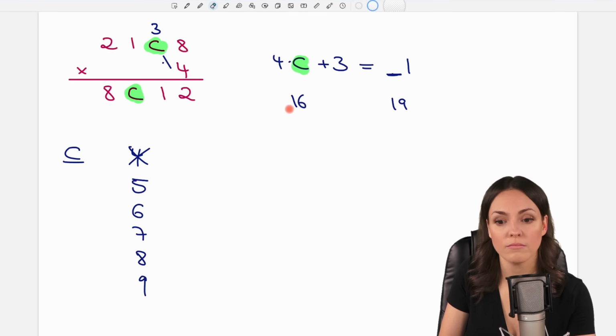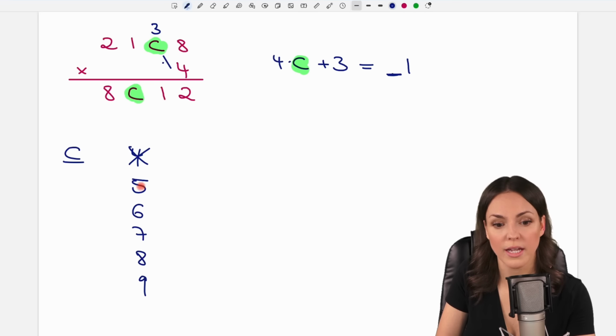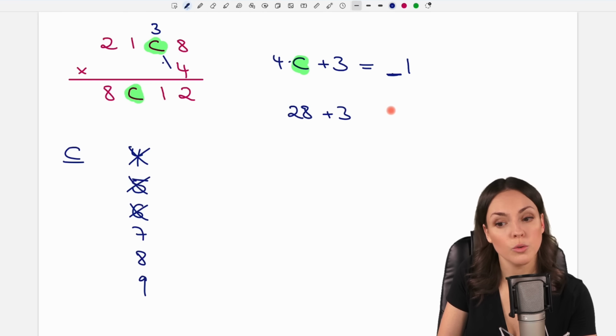No, the 4 doesn't work. What about the 5? 4 times 5 equals 20, plus the 3. No, not a 1 at the end. The 6, 4 times 6 equals 24, plus the 3 is 27. Nope, doesn't work. 7. 4 times 7 equals 28, plus the 3, is 31.